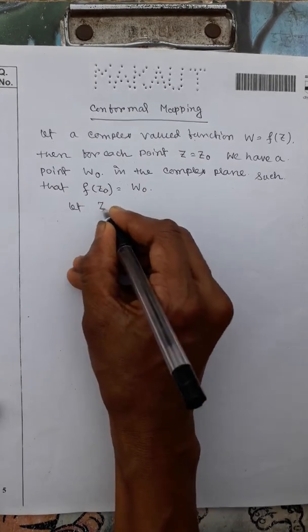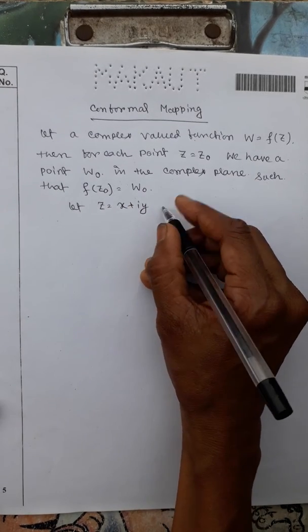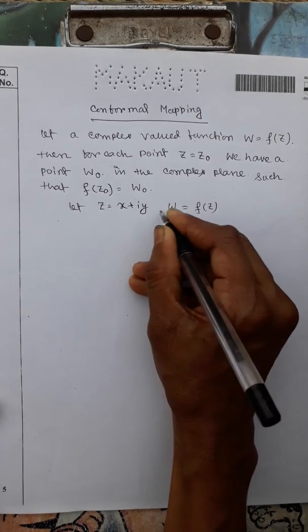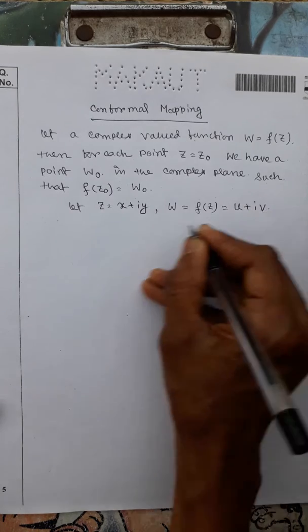Now let z = x + iy, and w = f(z) = u + iv.